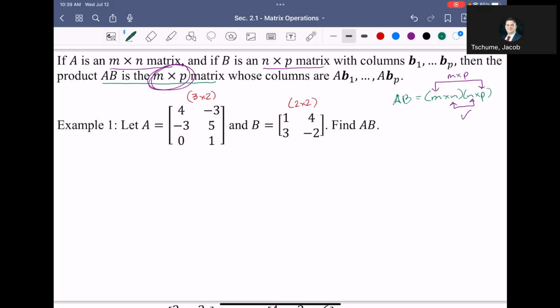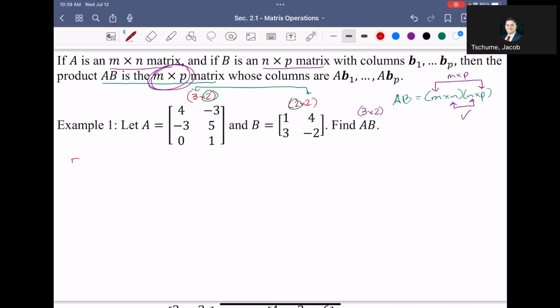So as you can see, if I circle the inner numbers, A and B, they are both 2s. So therefore, I am allowed to multiply these together. And then looking at the outside numbers in this order, this tells me that A times B is going to eventually be a 3 by 2 matrix. So now I know what I'm shooting for and whether or not I get in the right area.